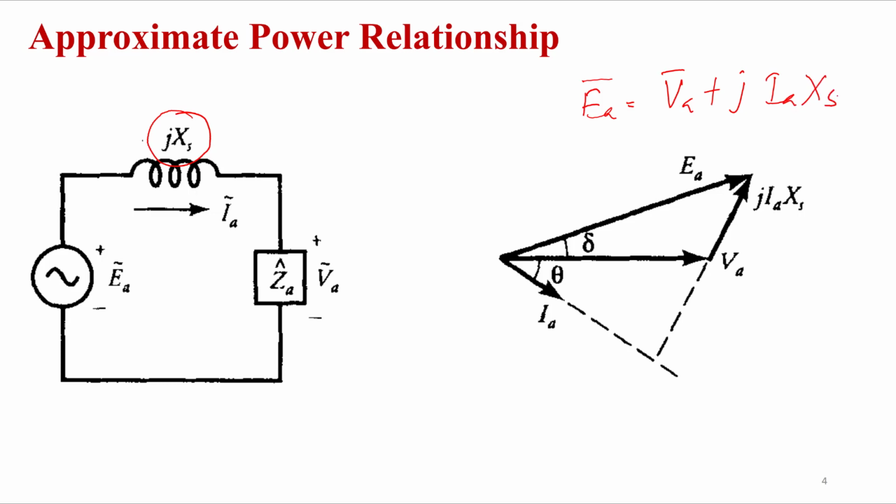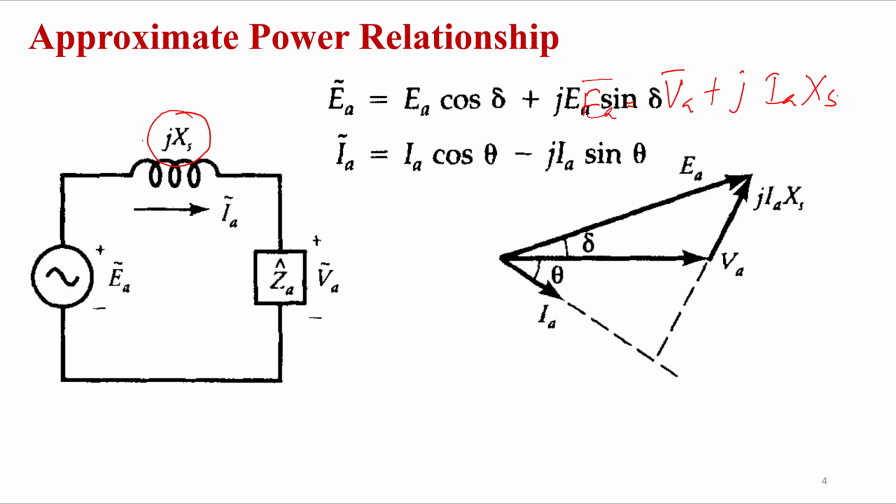That is what is drawn here. Now let delta be the angle between VA and EA. Considering this angle delta, if I segregate EA into real and imaginary parts, I can write EA cos delta plus J of EA sin delta, right?